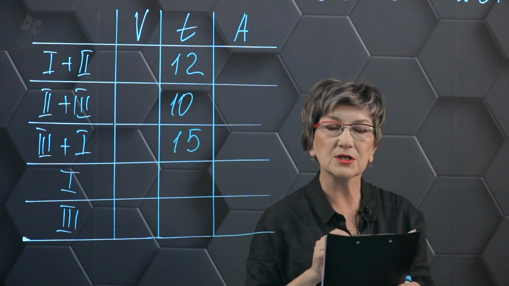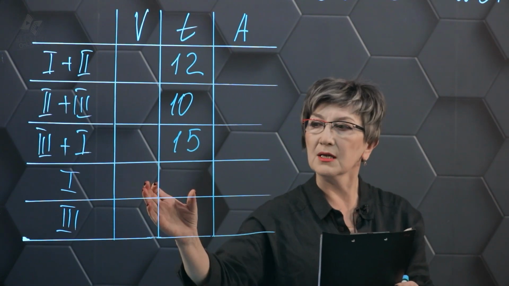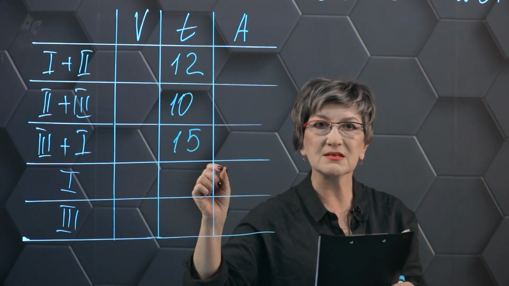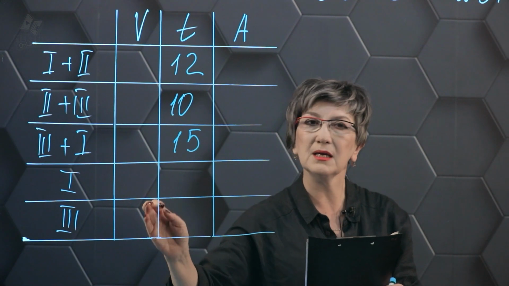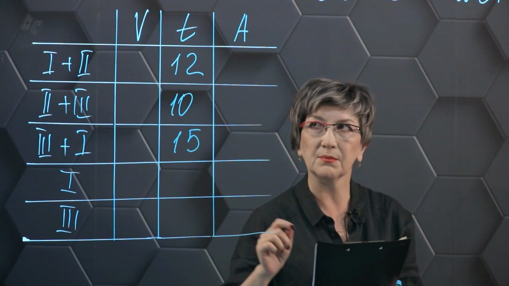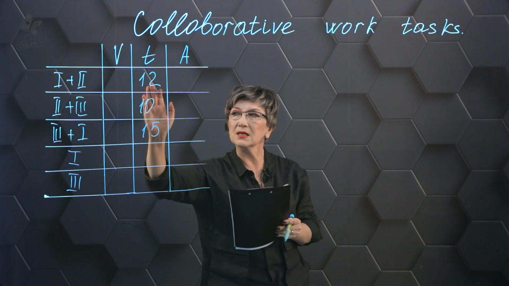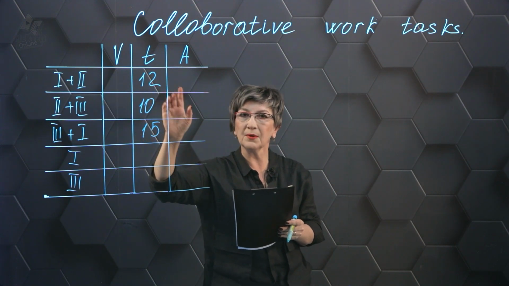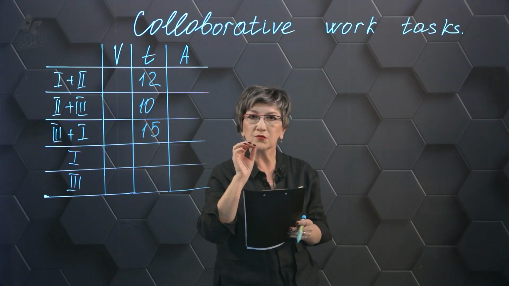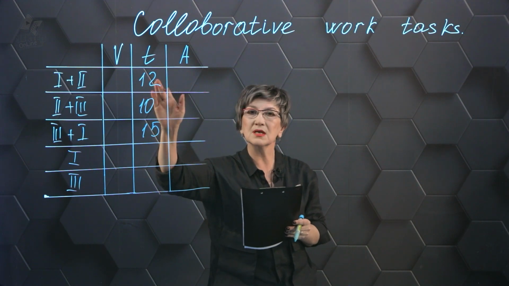In order to solve this problem, of course, we need to find the productivity of the first company and the productivity of the third company. But the problem condition tells us that company 1 and company 2, when they work together, build a house in 12 months.